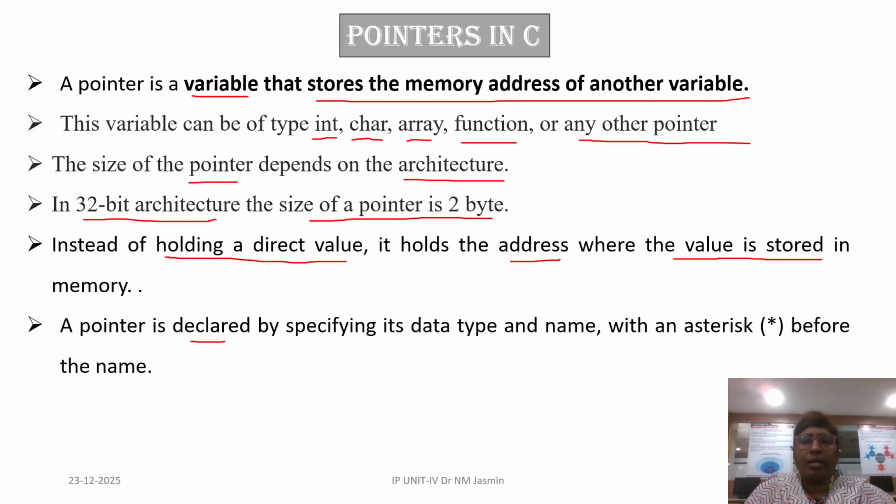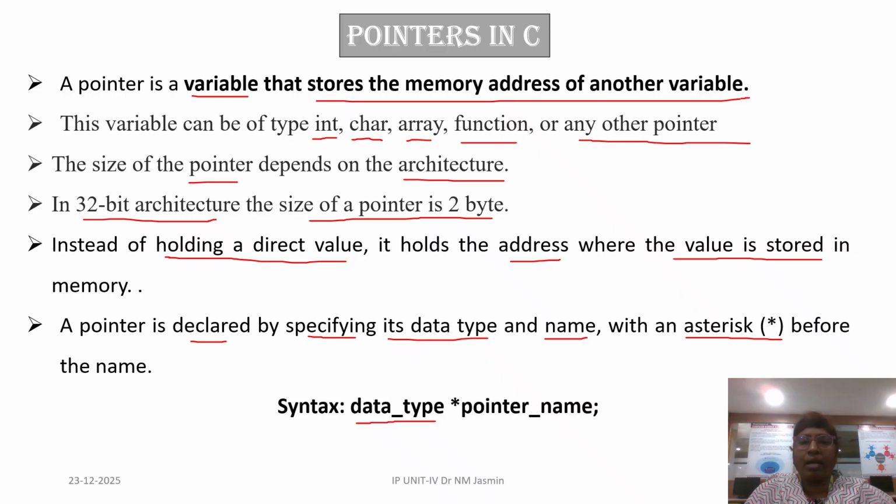A pointer is declared by specifying its data type and its name, using a symbol called asterisk before the name of the pointer. Now if you see the syntax of how we declare a pointer, it is represented with the data type and the pointer name, and the asterisk symbol before the name.